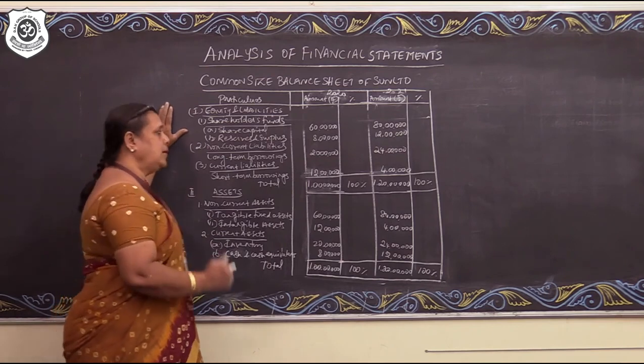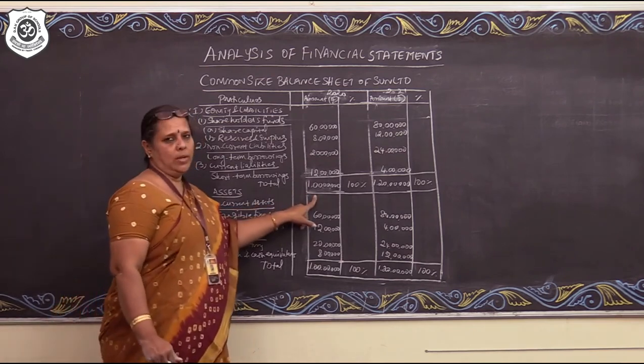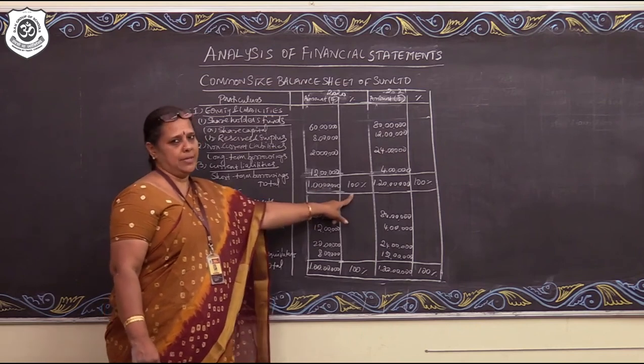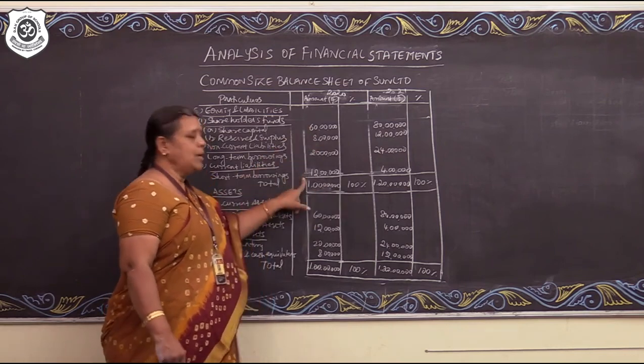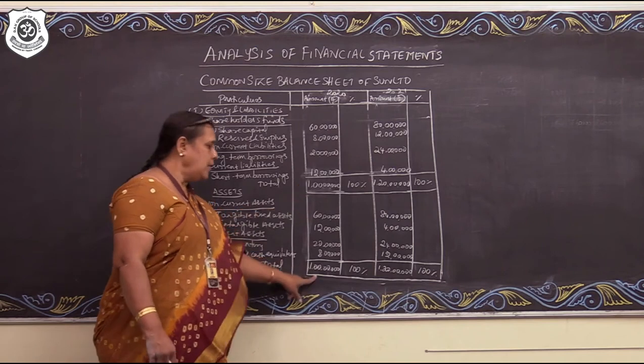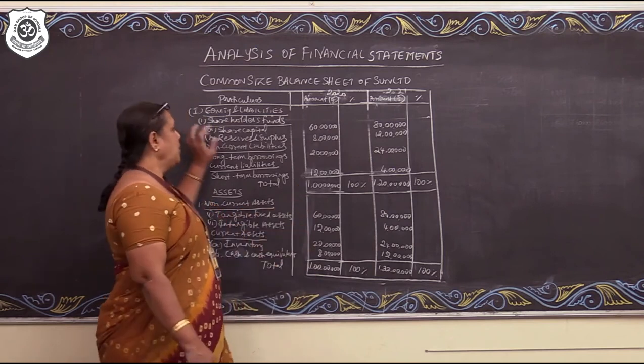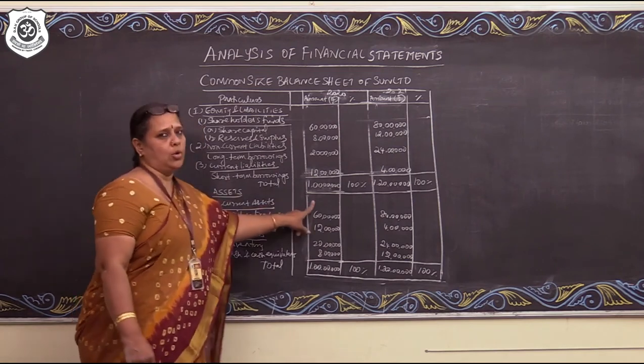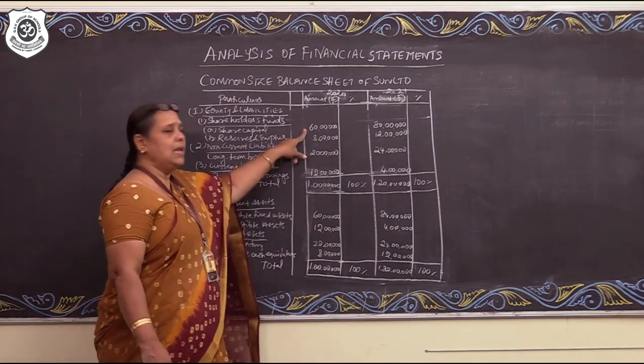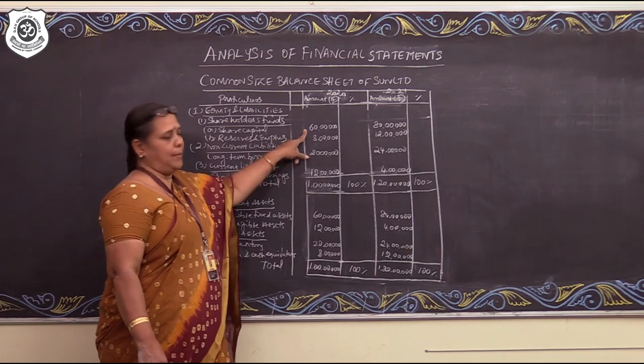So the 2020 total of the balance sheet is 1 crore, which is taken as 100%. Now, every item of the liability side and every item of the asset side will be compared to the common base. So, the proportion of share capital to the total of the balance sheet: 60 lakh is the total of share capital.